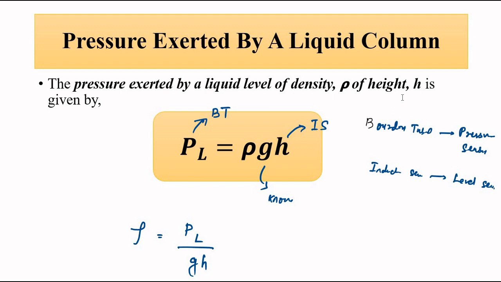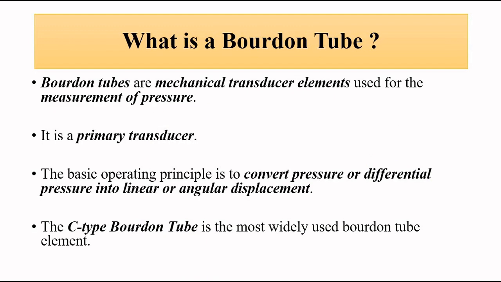Now we have discussed Bourdon tube and we have discussed inductive sensors separately. So in a quick way we'll go through it. Bourdon tube is basically a mechanical transducer. It is a primary transducer.